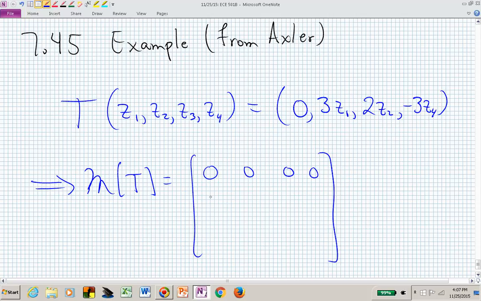We must be weighting that input vector with a 3 on the first coordinate or component, a 2 on the second component to give us the third component of our output, and finally we weight the fourth component with minus 3.